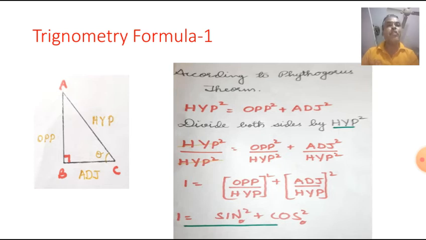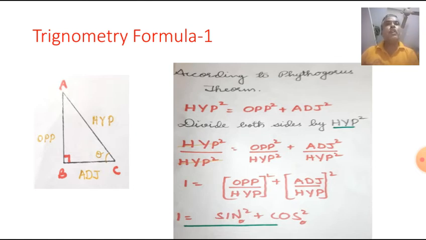I repeat, the square on the hypotenuse side is equal to the sum of the squares of the rest two sides. That is, hypotenuse square is equal to opposite square plus adjacent square. This is the Pythagoras rule.